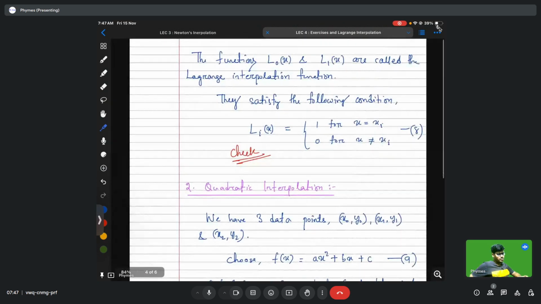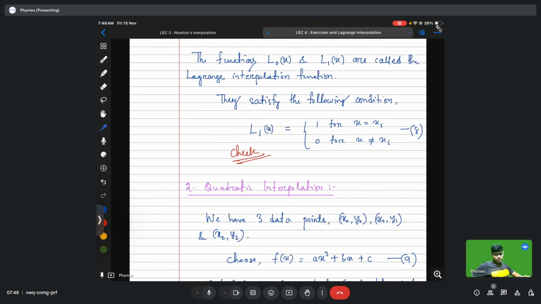The functions L0 and L1 are called the Lagrange interpolating functions or polynomials. They satisfy the condition Li(x) equal to 1 for x equal to xi, and it is 0 for x not equal to xi.